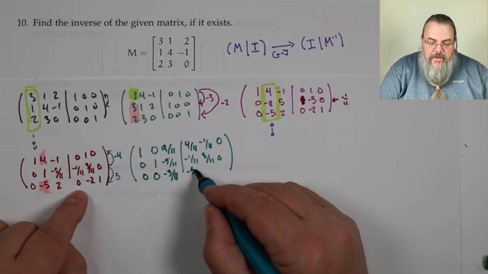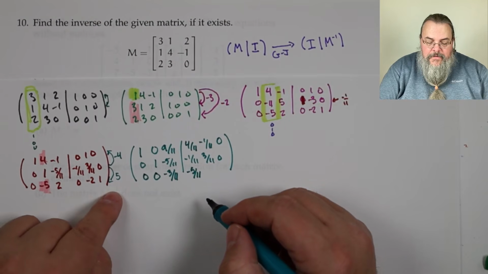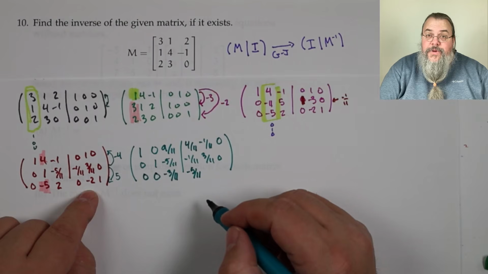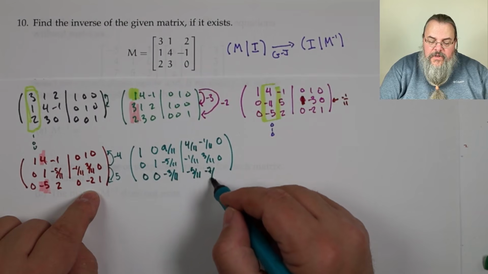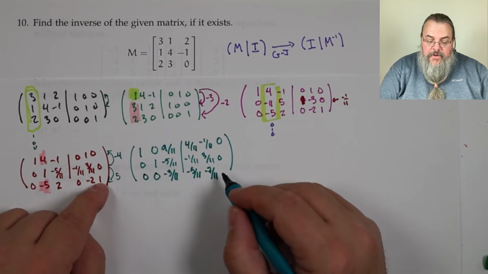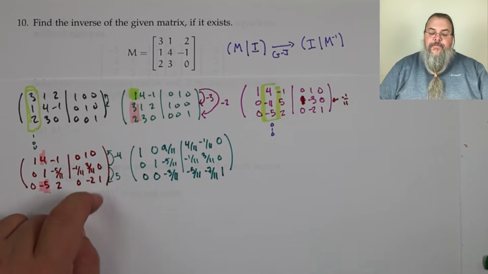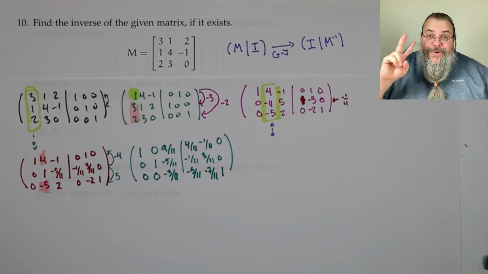Okay, so add that down, minus 5 over 11. 15 over 11 minus 2. So that's 15 over 11 minus 22 over 11. And 15 minus 22 makes it a minus 7 over 11. And then 0 plus 1, 1. All right, good, good. Now, 2 columns down.